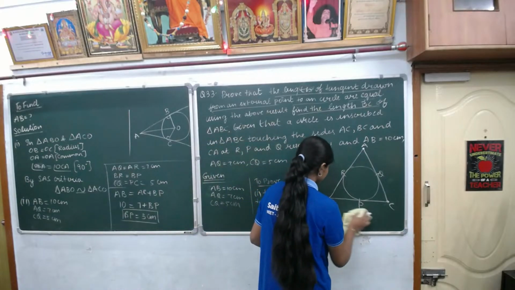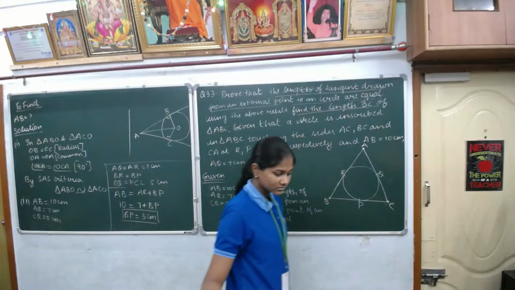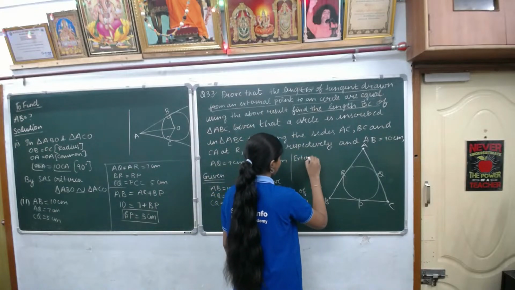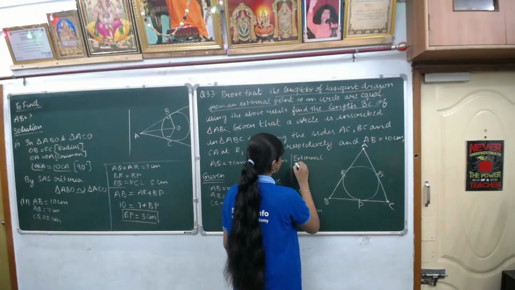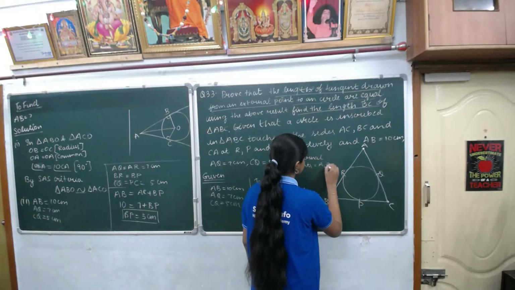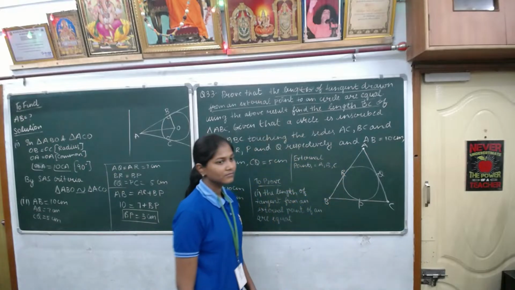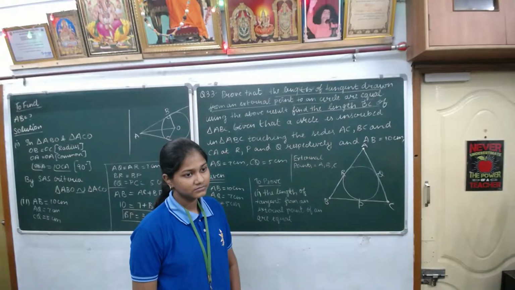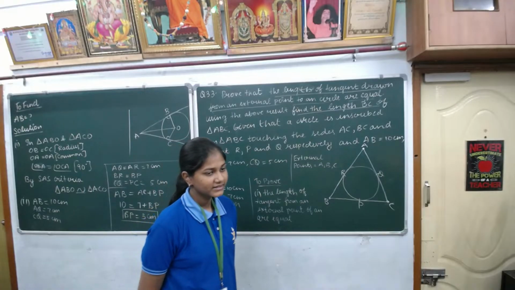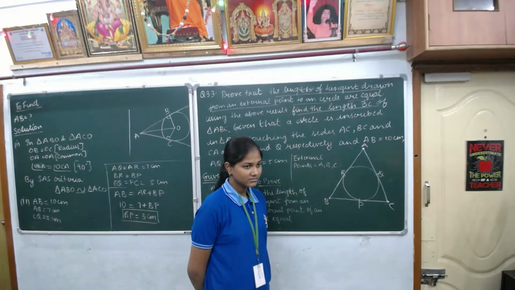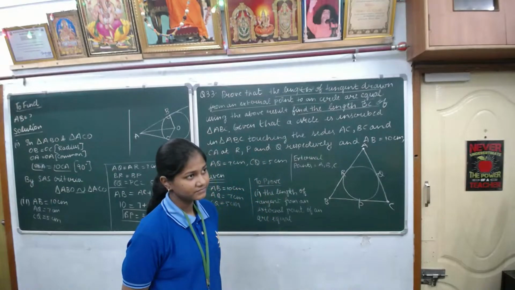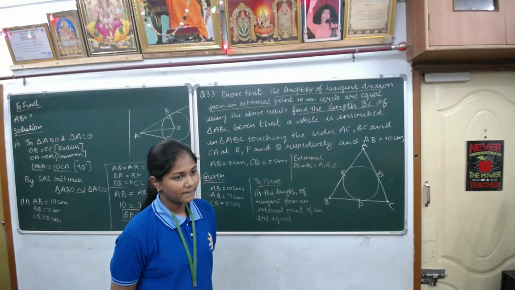A, B, C. So you can put external points A, B, C. Then R and P are the points of contact of the external point B. Similarly, Q and P. That is understood. Okay.